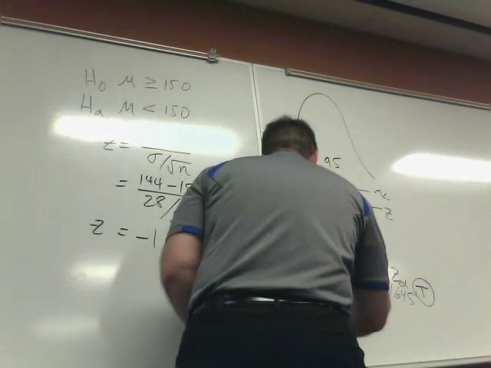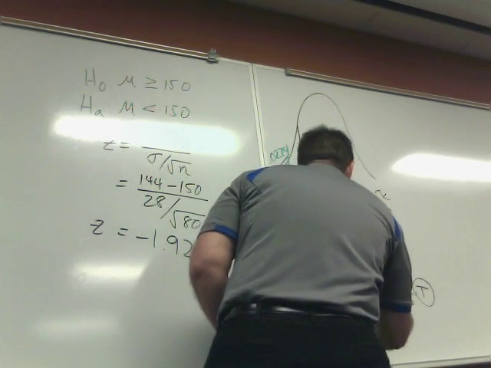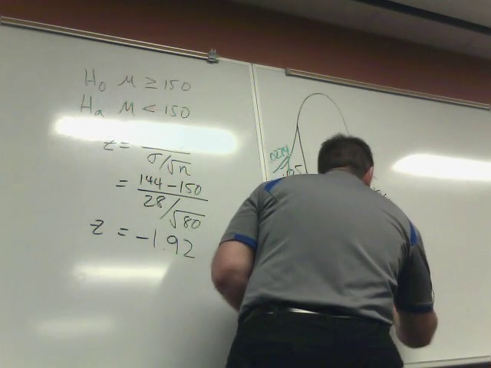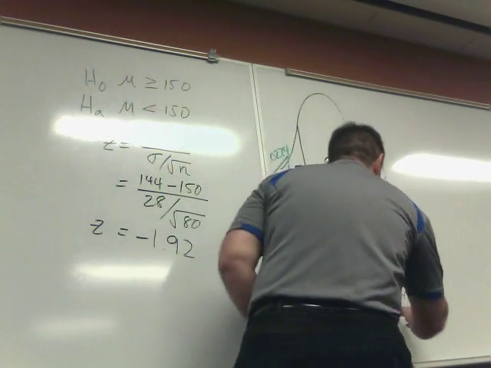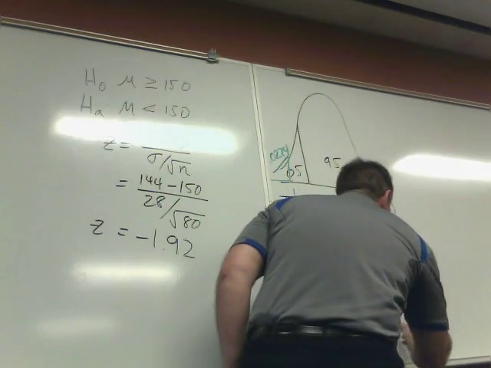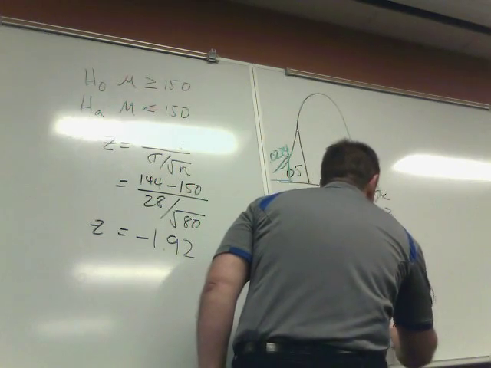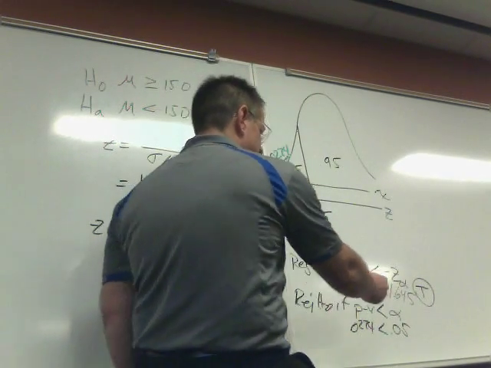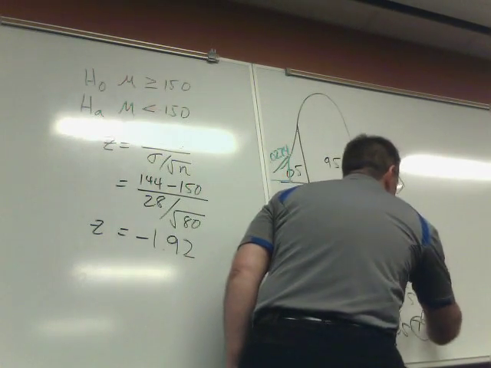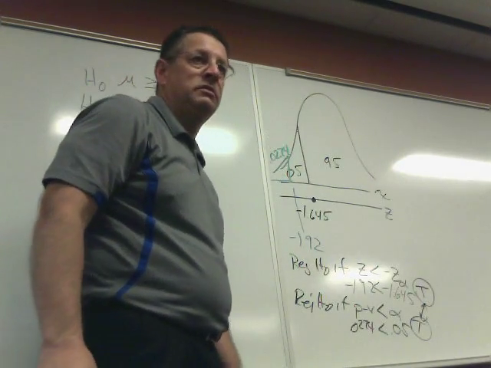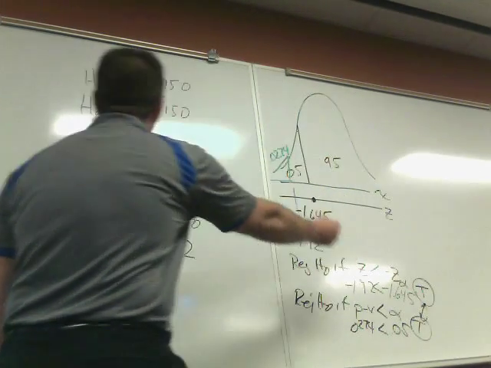P-value approach. Reject H0 if the p-value is less than alpha. Alpha in this case is 0.05. The p-value is 0.0274. Is that true or false? That's also true. Good, they have to match. We reject H0.